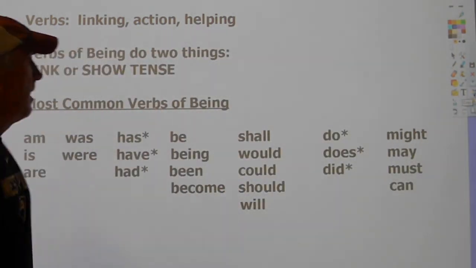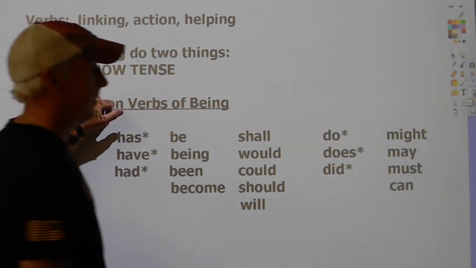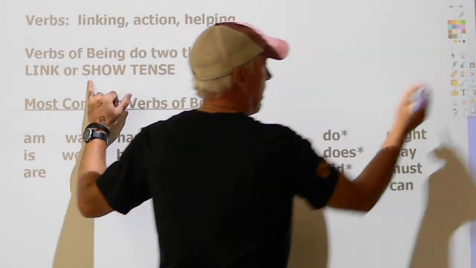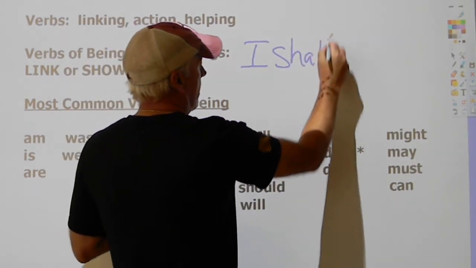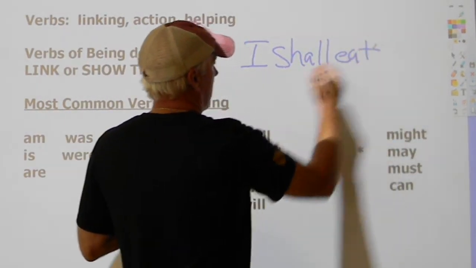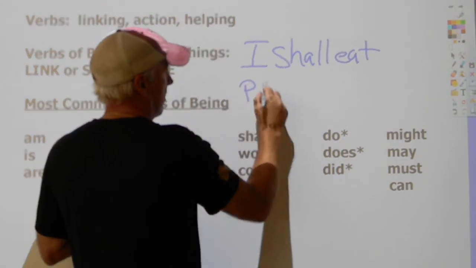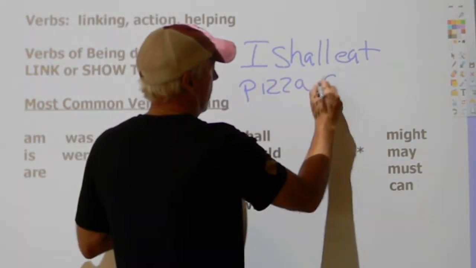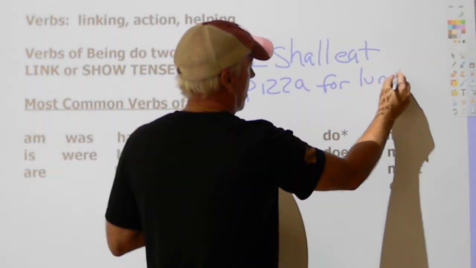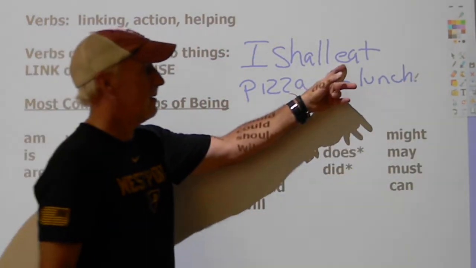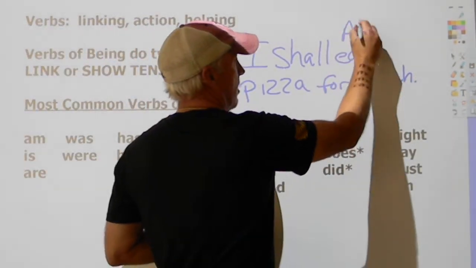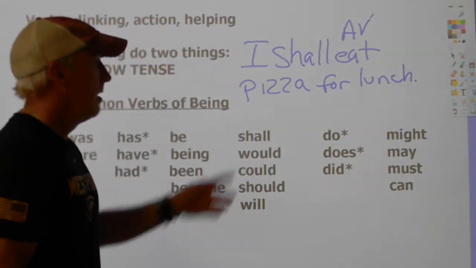Excuse my back. And showing tense. I shall eat pizza for lunch. Okay? Eat is the action verb. You're actually doing something.